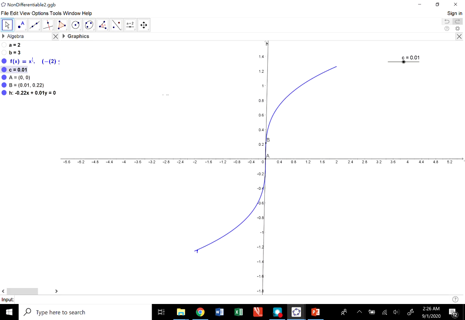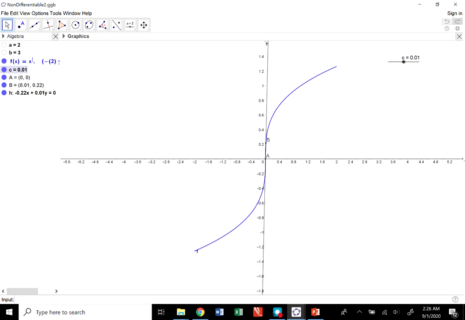What's the slope of a vertical line? There is some rise, but the run is 0. If you have a vertical line, the slope is undefined because there is some rise, but there is no run. Run is 0. You are dividing by 0, rise over run. So vertical tangents, vertical lines, in fact, do not have any slope.